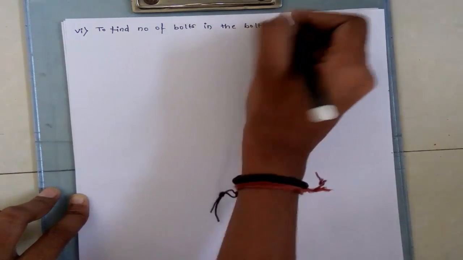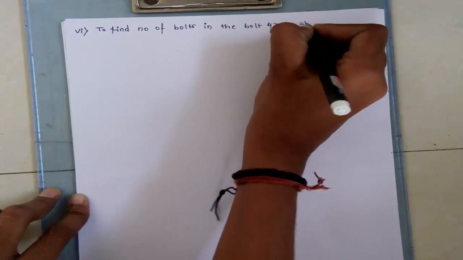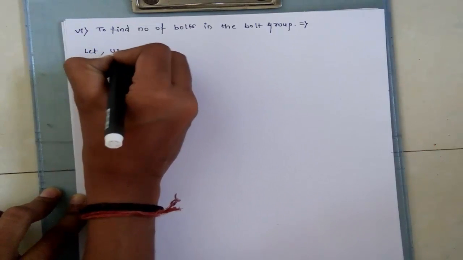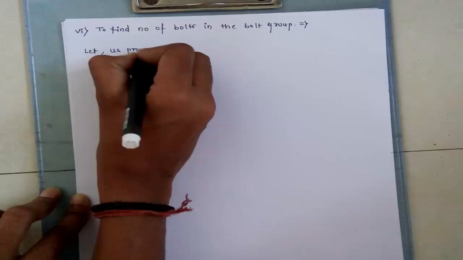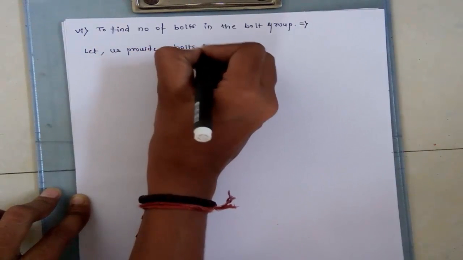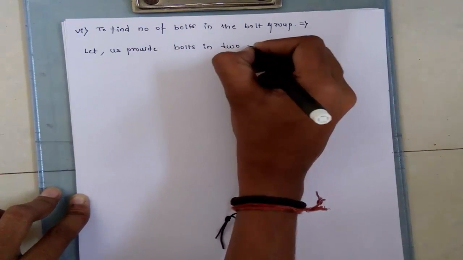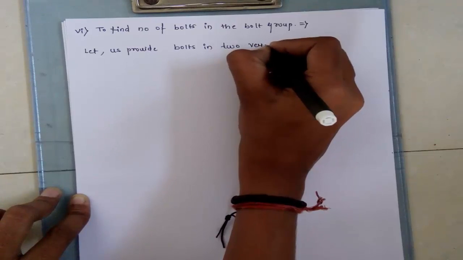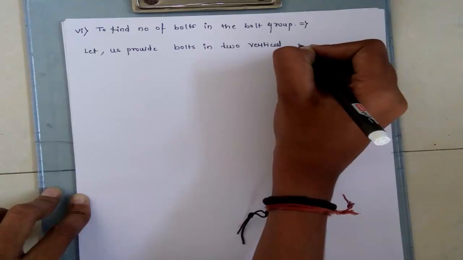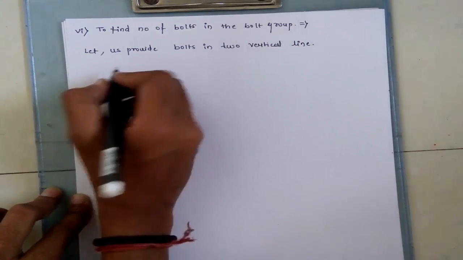For calculating this, we have one formula. Let us first provide bolts in two vertical rows, or vertical lines, you can say.